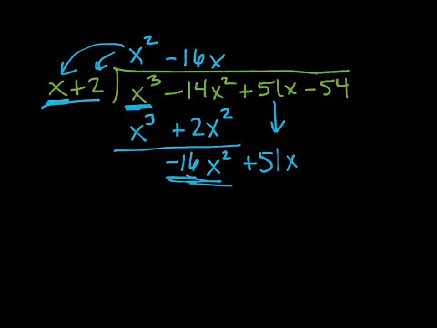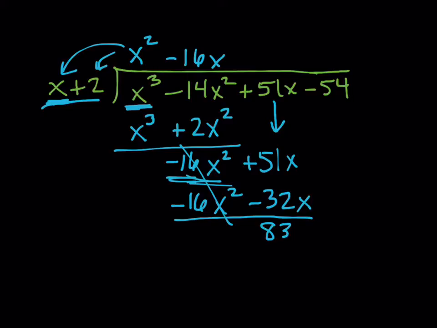So that would give negative 16x squared, and then negative 16x times 2 is minus 32x. And subtract. Alright, so the first terms cancel, that's 0. Then 51 minus a negative 32 is 51 plus 32, that's 83x. Alright, and then carry down the negative 54.